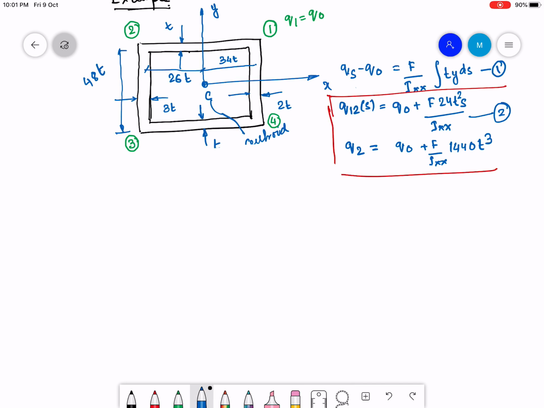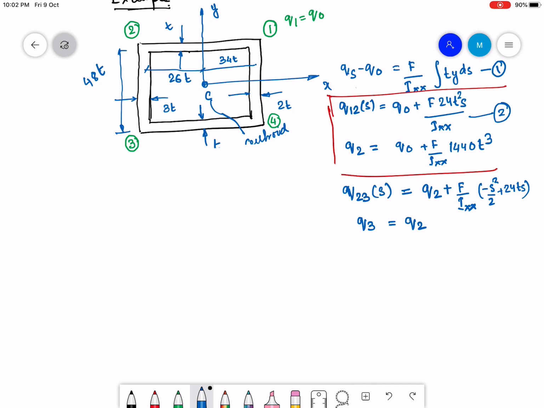Okay, so Q23 S is therefore Q2 plus F by Ixx in place, F by Ixx into 24 minus S square by 2 plus 24 TS, and Q3 is going to be Q2.